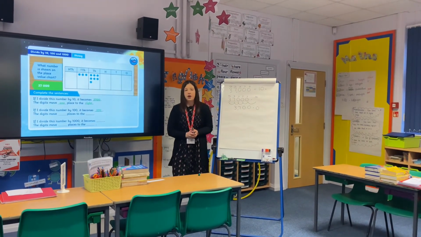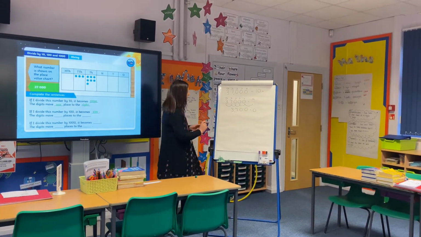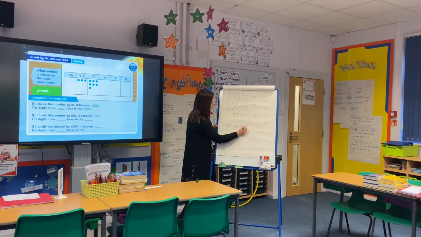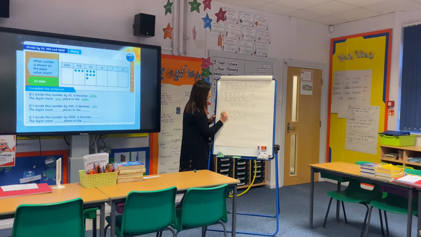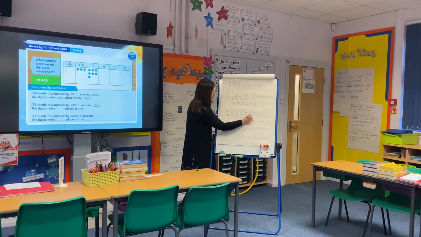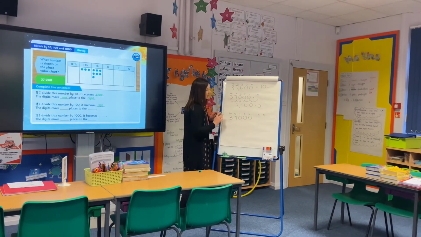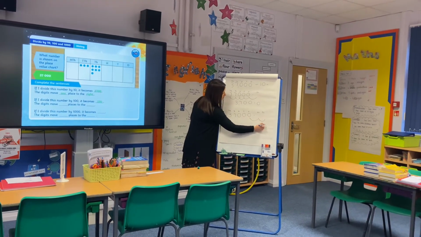Okay, so if I divide the number by 100, it would become 370 because, let me write my number again for you. I've got my ones, tens, hundreds, thousands and 10,000s. I've got my decimal point, I've got my tenths and my hundredths. If we're moving 2 places this time, 1, 2.